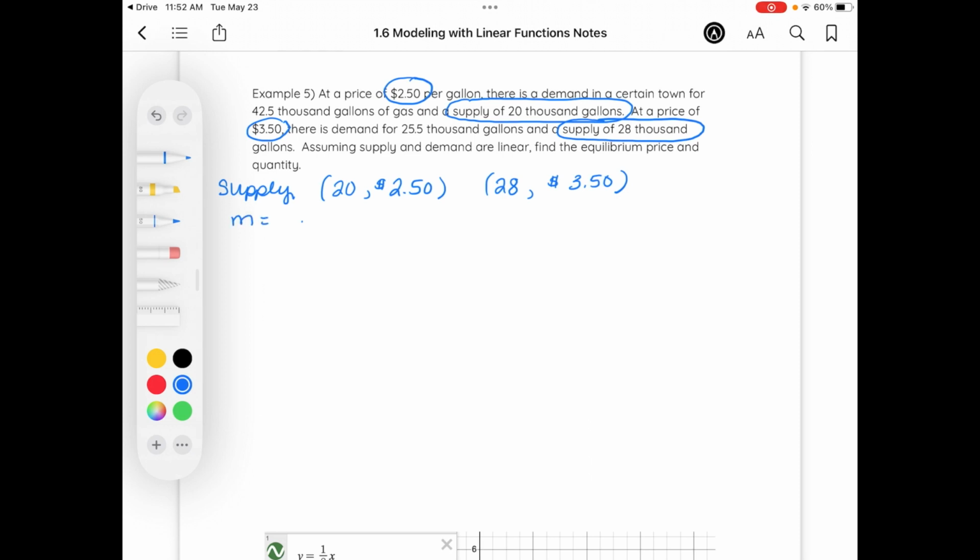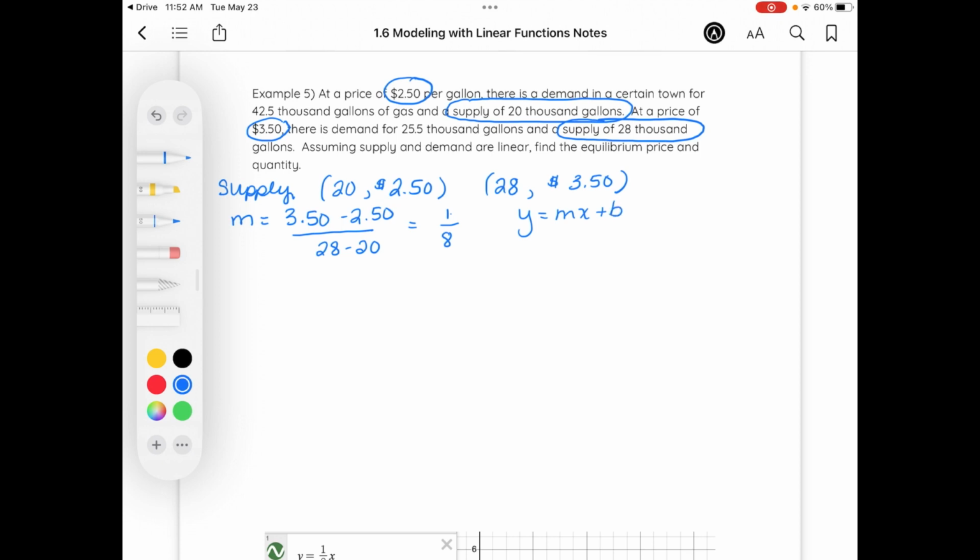In order to do this, we need our slope. 3.50 minus 2.50 over 28 minus 20 is 1/8. We need y equals mx plus b.